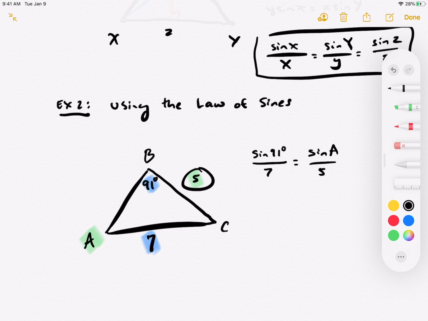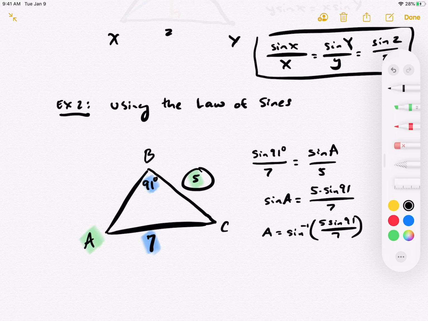So to solve for angle A, first I'll have to solve for the sine of A, and the sine of A is going to be equal to 5 times sine of 91 over 7, and that means angle A is going to be equal to sine inverse of this big mess that we have right here. And don't fret, we're not going to be working that out without a calculator. So we punch that into our calculator.